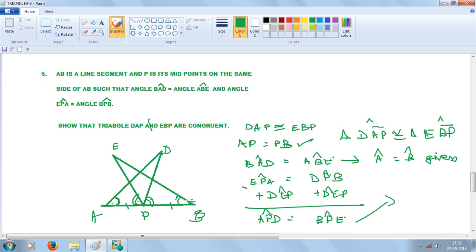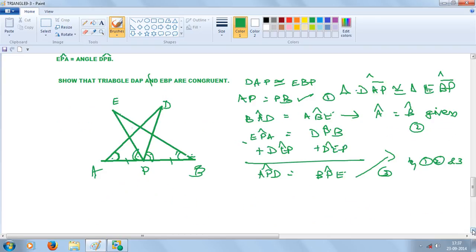This is what we require for these two triangles: angle BPE is equal to angle APD. So by 1, 2 and 3.